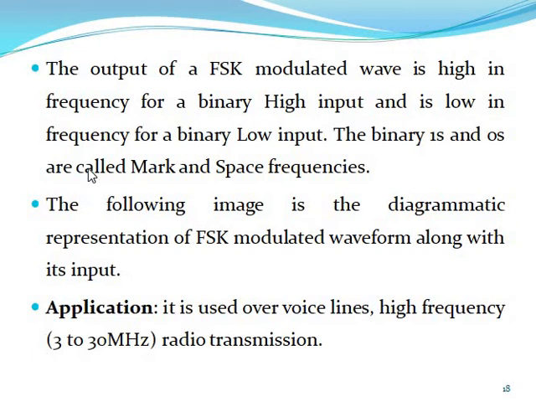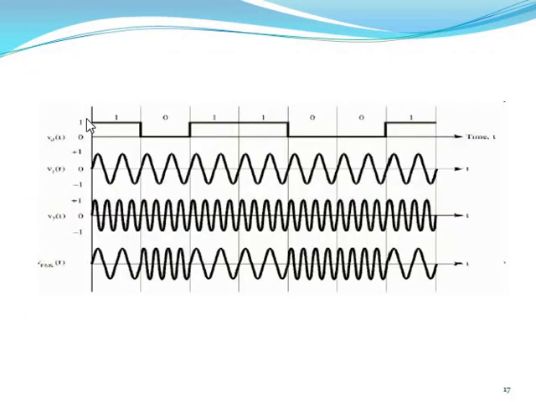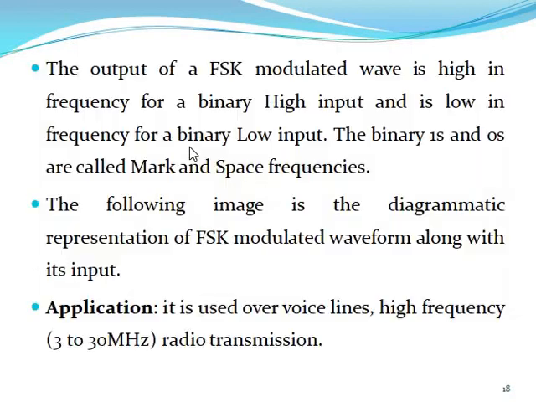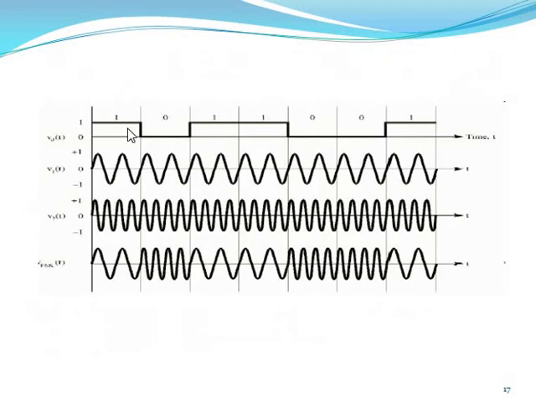The output of the FSK modulated wave is high in frequency for the binary high input and low in frequency for the binary low input. You can see that this is high for the binary high and this is low for the low input. These are also called the mark and space frequencies.